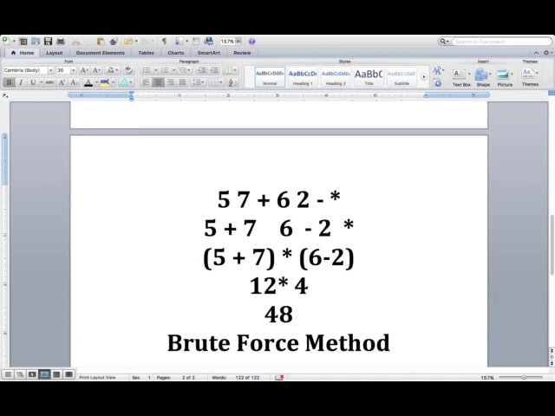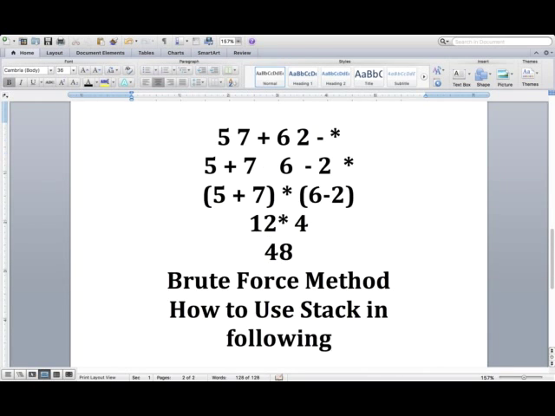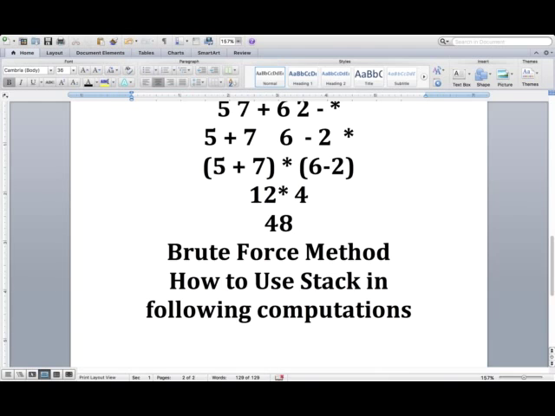What is useful is we have learned a stack data structure. So next thing we'll do is, in next video, not in this one, I don't want to put everything in one video, would be how to use stack in following computations. 1, evaluate a postfix expression.